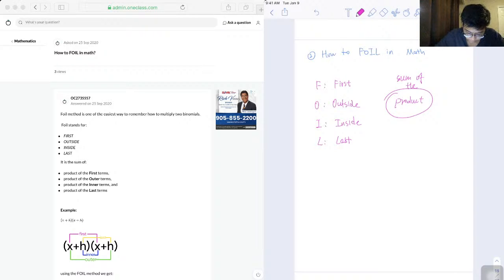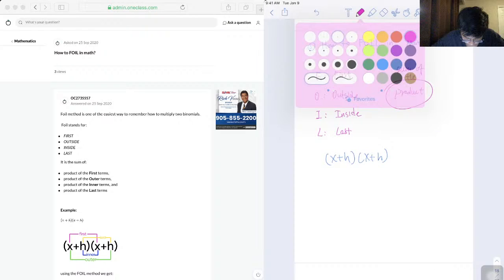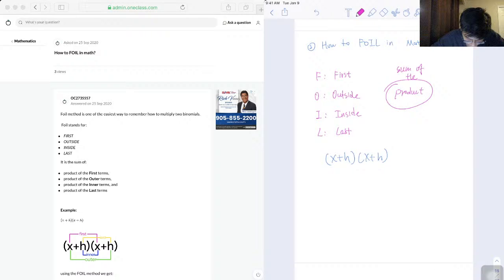So let's use this example to explain. If we go (x + h) times (x + h), the first term is just going to be the very first term in each bracket, which will be the 2x. That's going to be our first term.